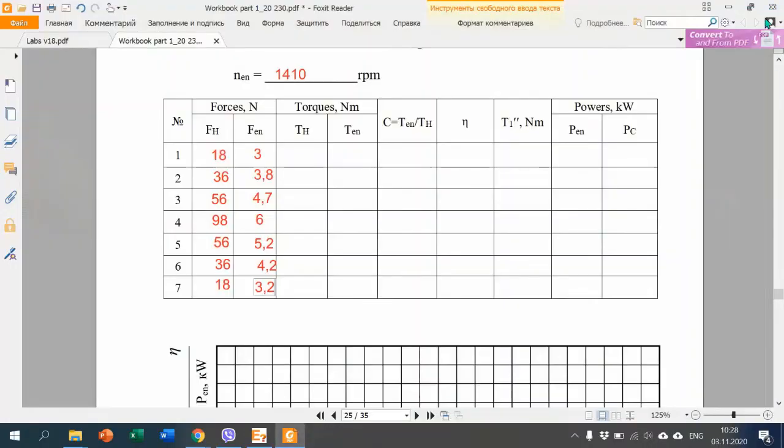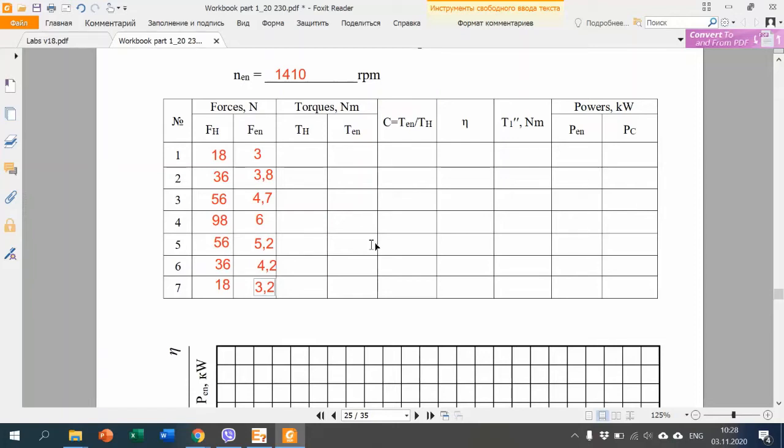Okay. Let's check the values. If you see something different, I don't press you to calculate and to see the same as I saw.